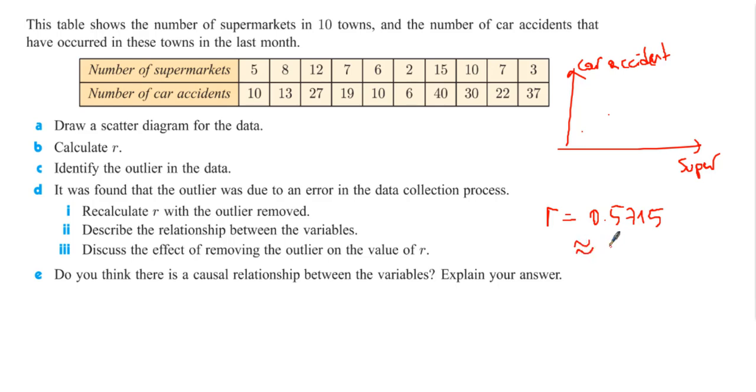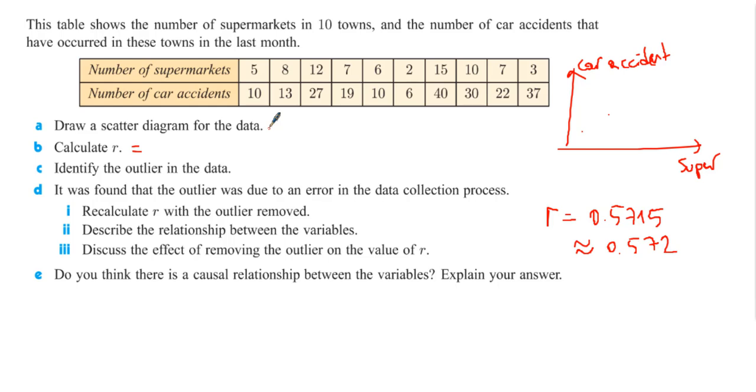Approximately, I need three significant figures, so 0.572. What can you say about this correlation? It seems almost weak, correct? Okay, it's moderate, but almost weak. So it's a positive, moderate correlation.